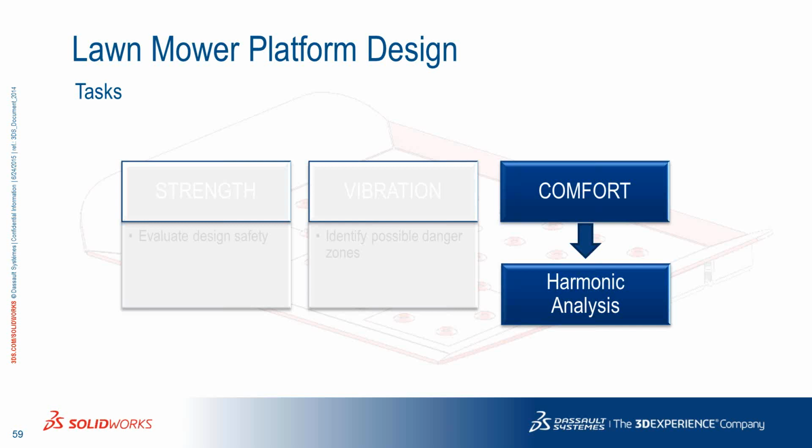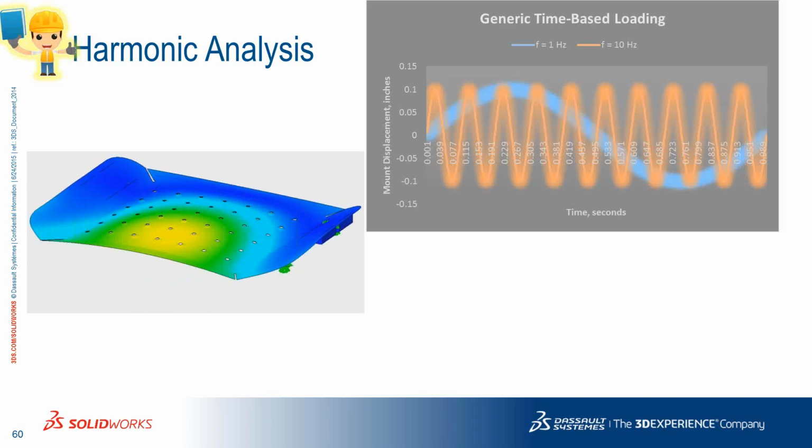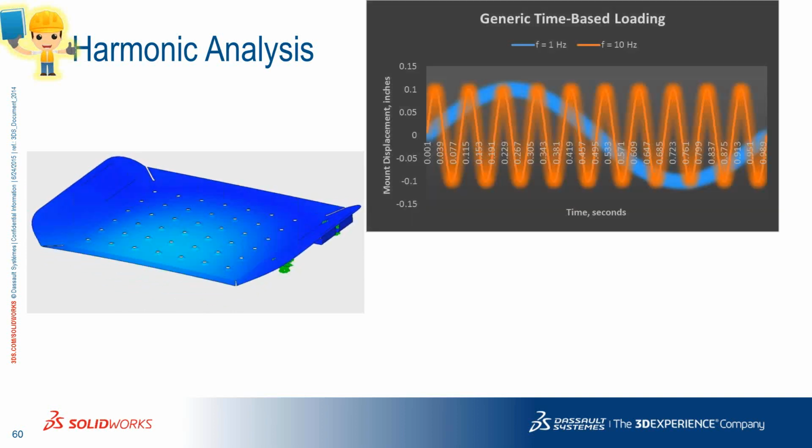So we're going to do a quick vibration analysis, what we call harmonic analysis, and we want to make sure that the structure does not actually break because of resonance or load amplification.